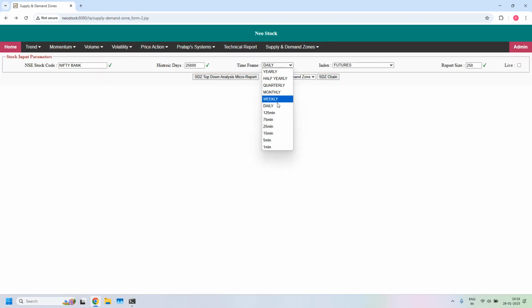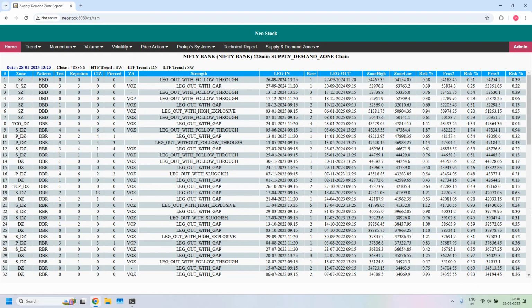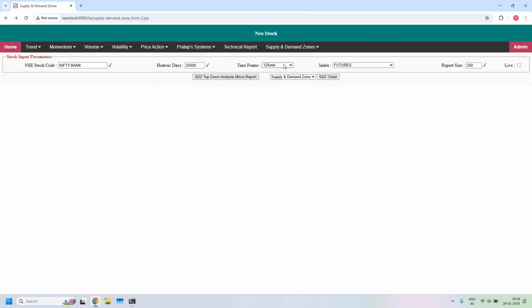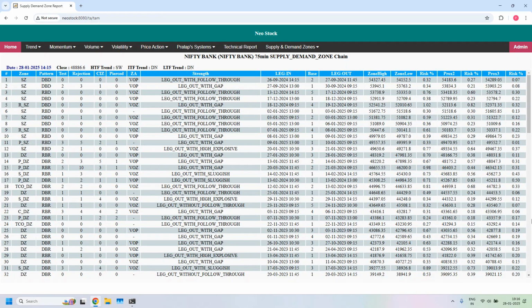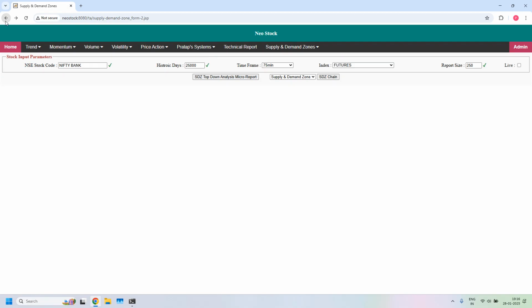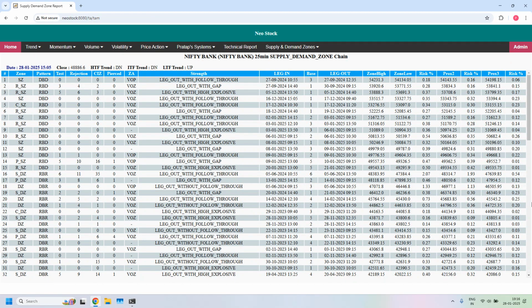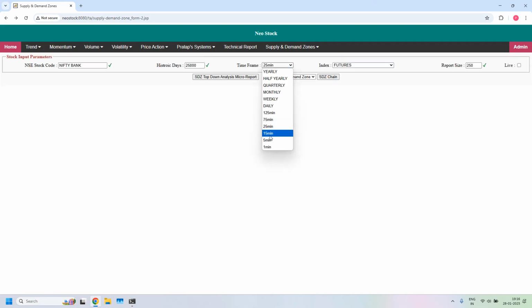Next, 125 minutes supply demand zone chain for BANKNIFTY. Next, 75 minutes supply demand zone chain for BANKNIFTY. Next, 25 minutes supply demand zone chain for BANKNIFTY. Next, 15 minutes supply demand zone chain for BANKNIFTY.